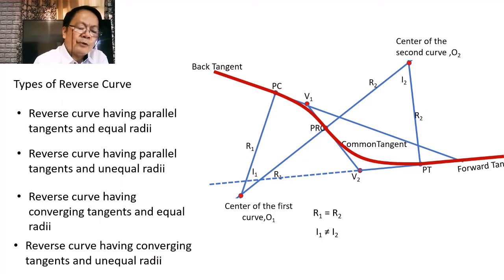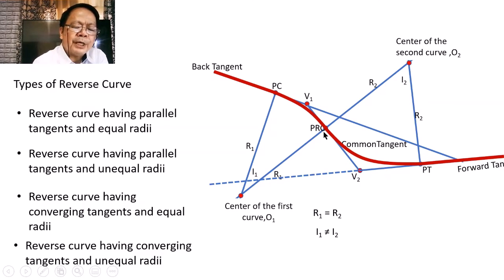And let us find what will happen when we try to move the PRC, para makita natin. So if we'll be moving PRC, kailangan yung ating PC at yung ating PT will also be moving so that their distances from PRC to V sub 2 will be the same as the distance from V sub 2 to the PT.